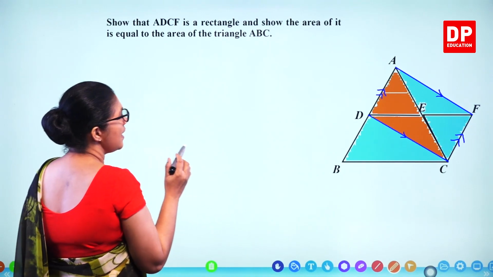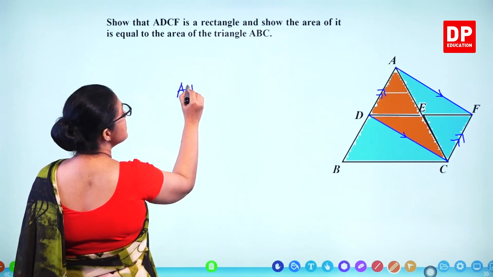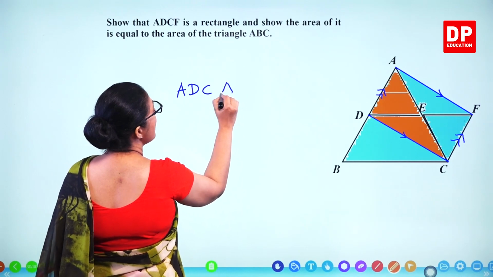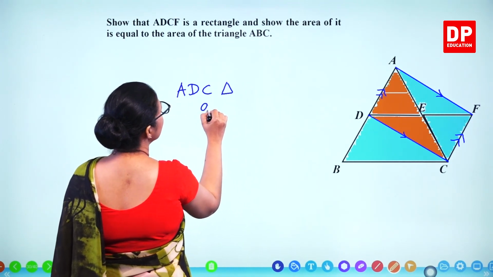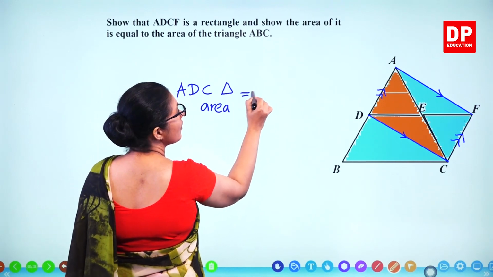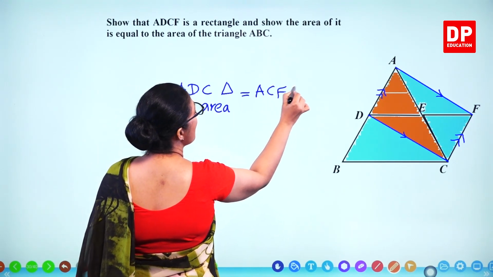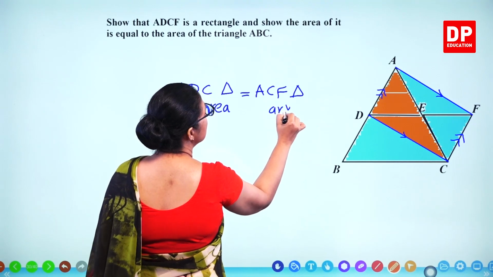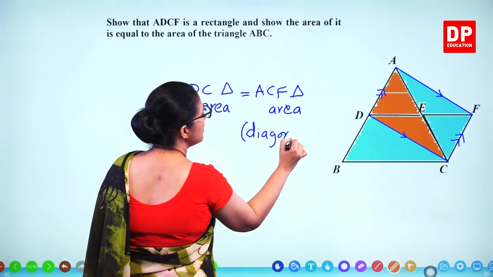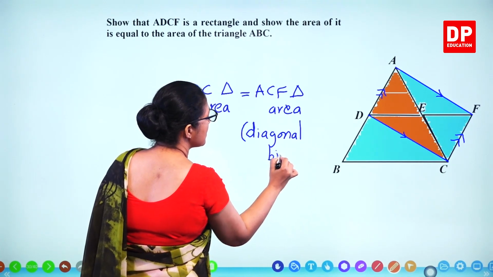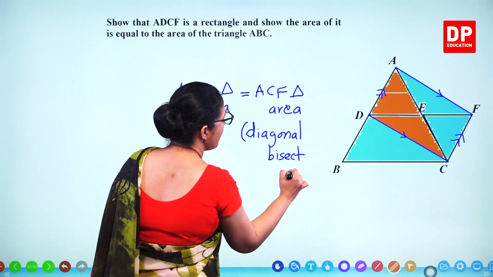So you can say ADC triangle area is equal to ACF triangle area. Diagonal bisects area.